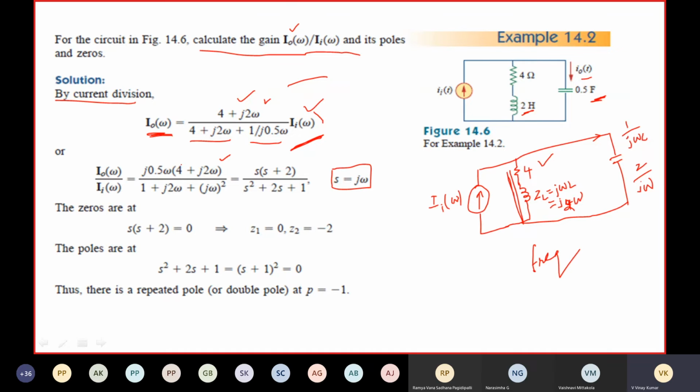You can have 0.5 s into 4 plus 2s by 1 plus 2s plus s square, because j omega square means s square. This is the gain.